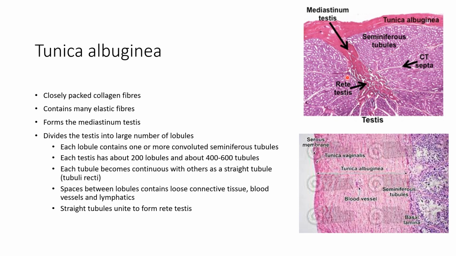Let me say that again. Each testis has about 200 lobules and about 400 to 600 tubules, because you have about 2 to 3 convoluted seminiferous tubules within one lobule.